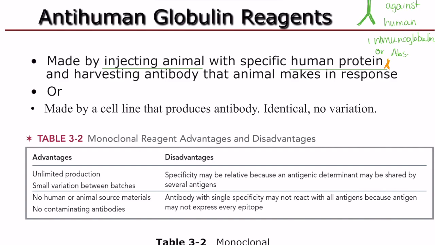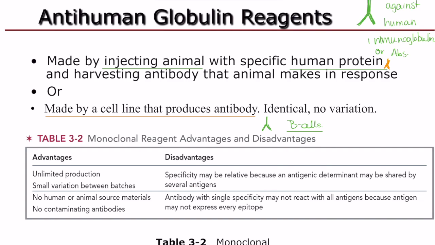Now, a lot of times what we're doing is we're taking cell lines that produce an antibody. And so we're programming that cell line to make the specific antibody. And the cell lines would be B cells. This is where we've utilized those cancer cells, because they continue to reproduce. They don't die. They live infinitely, so to speak.